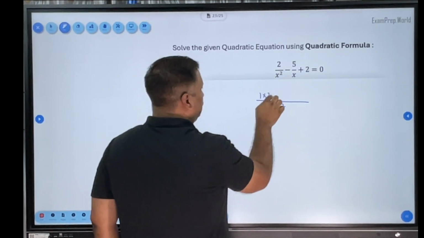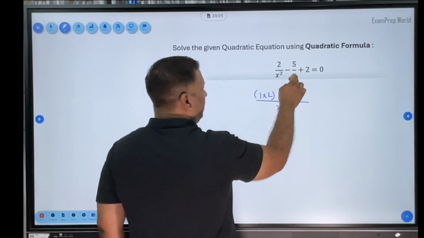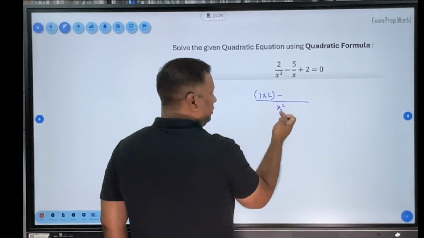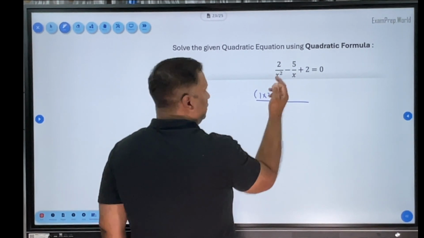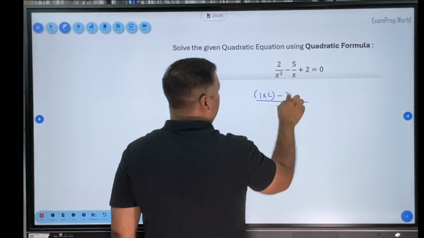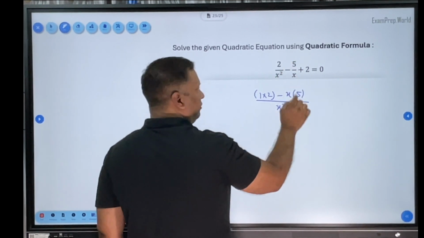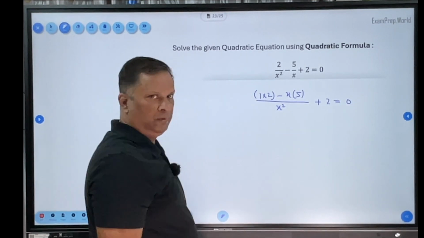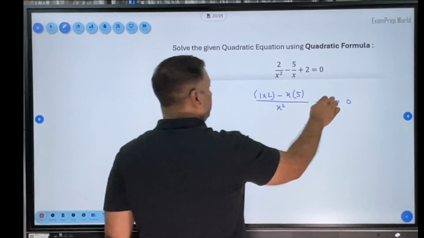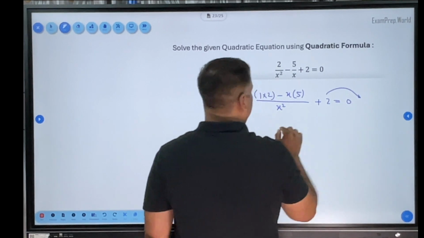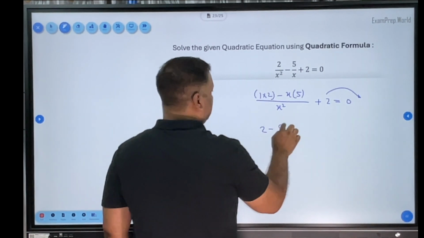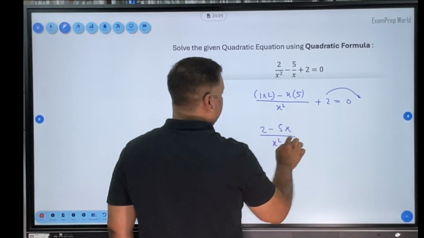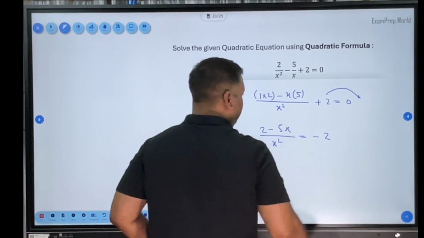So 1 times 2, and x, how many times is x square? 1 time. So x into x, so it will be x times its numerator 5, plus 2 equal to 0. Let me send this 2 here. So it will become 2 minus 5x by x square equals negative 2.